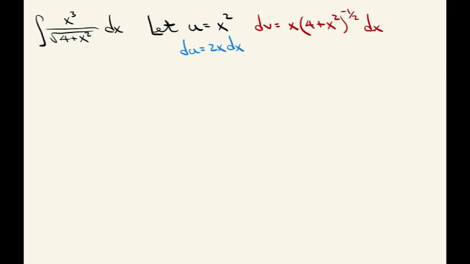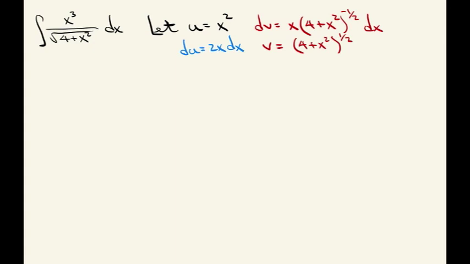Well, we can be sure that part of v is going to be equal to 4 plus x squared to the 1/2, so that whenever we differentiate v, we get an expression that involves 4 plus x squared to the negative 1/2. So let's try 4 plus x squared to the 1/2 as a guess and see what happens.